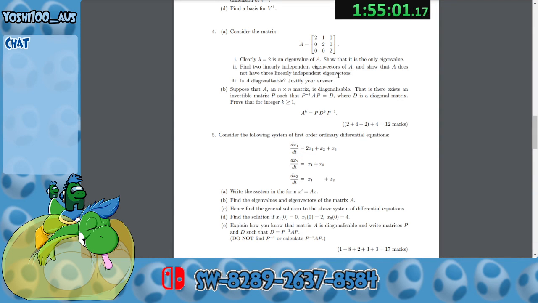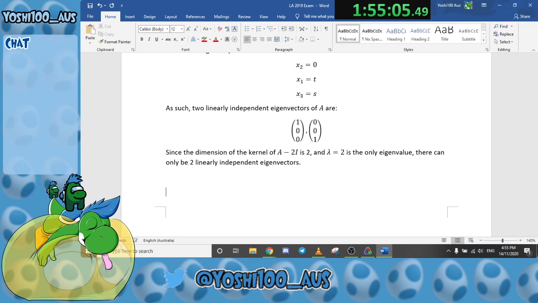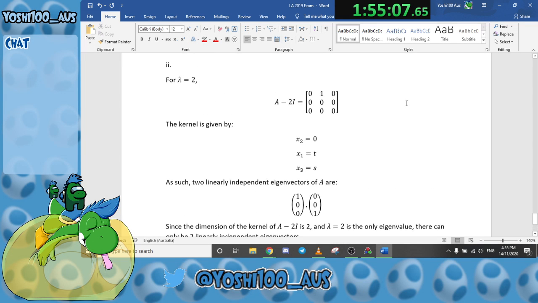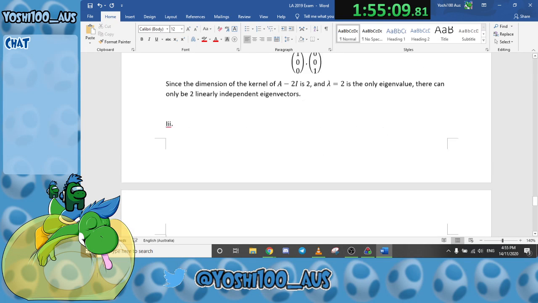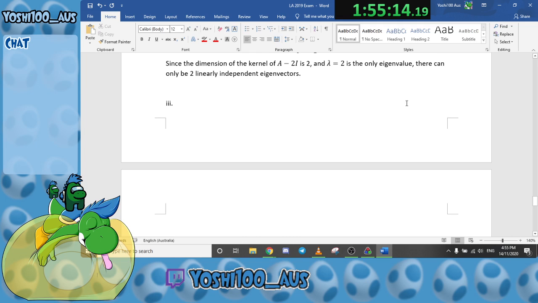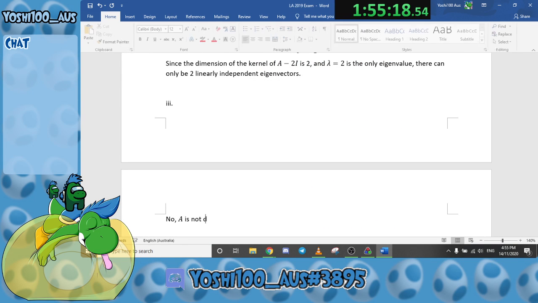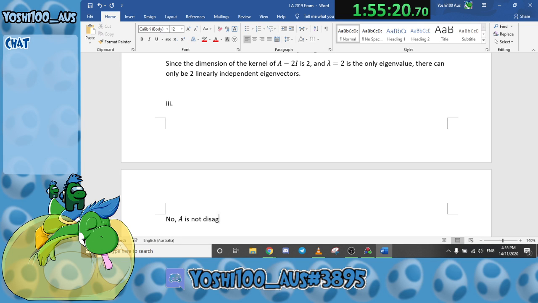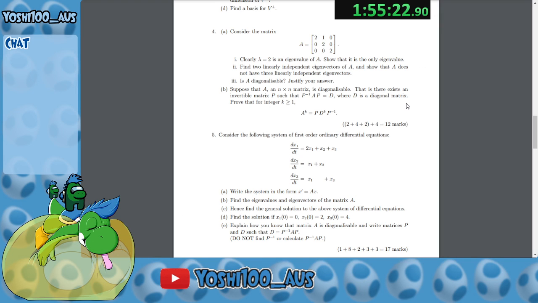I don't know if that's like an okay explanation, but sure. No, don't want you to capitalize it. Thank you. No, A is not diagonal. I always forget how to... diagonalizable.